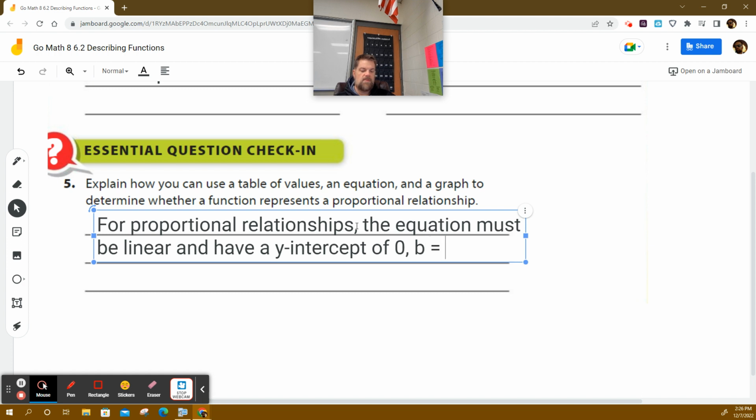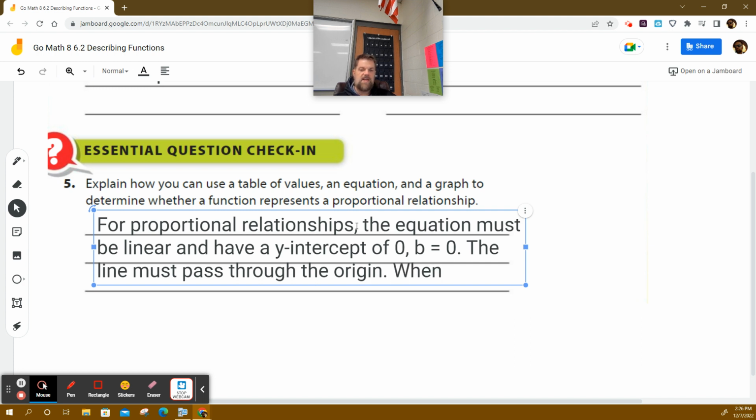B equals 0. The line must pass through, what do we call that spot where it has to pass through 0, 0? Origin. Good.